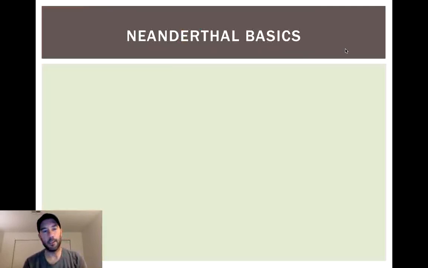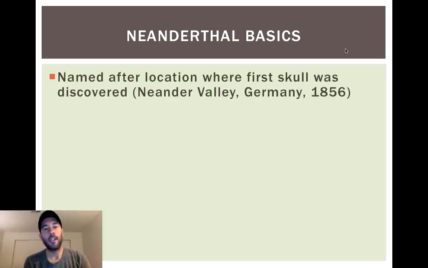So let's get into it. Here are some of the basic facts about Neanderthals. First of all, they're named after where the first Neanderthal skull was located, in the Neander Valley in Germany. Fun fact, in German, Tal is valley, and Taler is like a person of the valley.